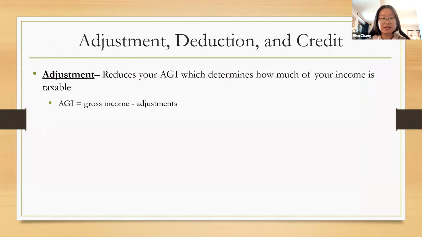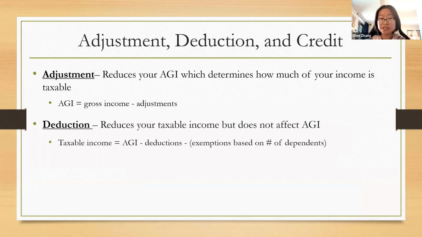So your adjusted gross income is your gross income minus your adjustments. Now, a deduction reduces your taxable income, but does not affect your AGI. So you would be able to calculate your taxable income by taking your AGI and subtracting deductions and something else like exemptions based on the number of dependents that you've claimed on your tax return.